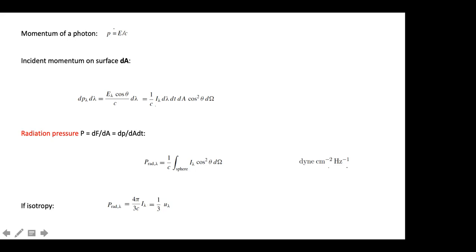So the radiation pressure is, in many cases, a very important ingredient in the structure of a star and its atmosphere.